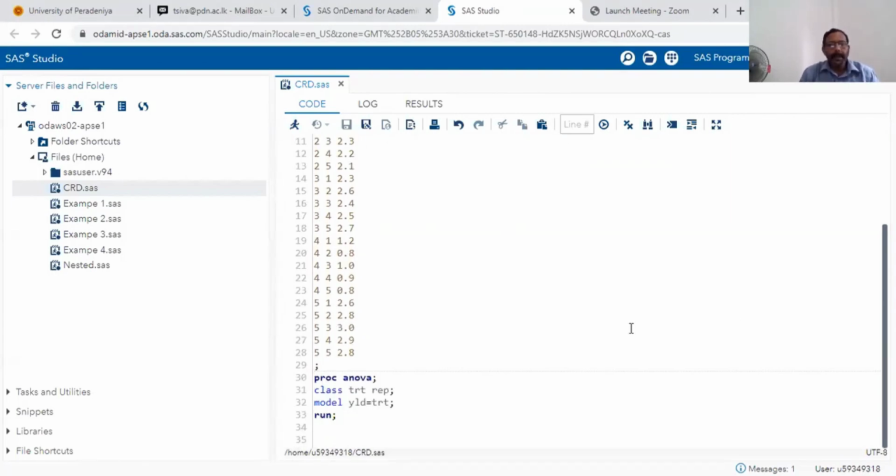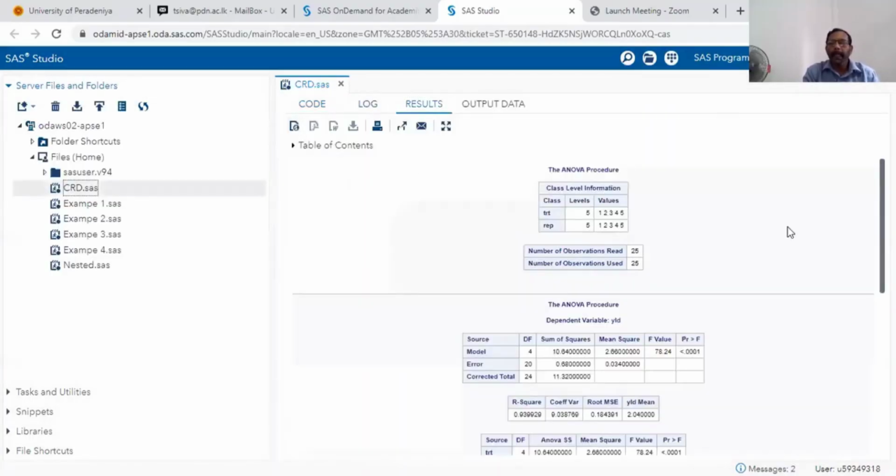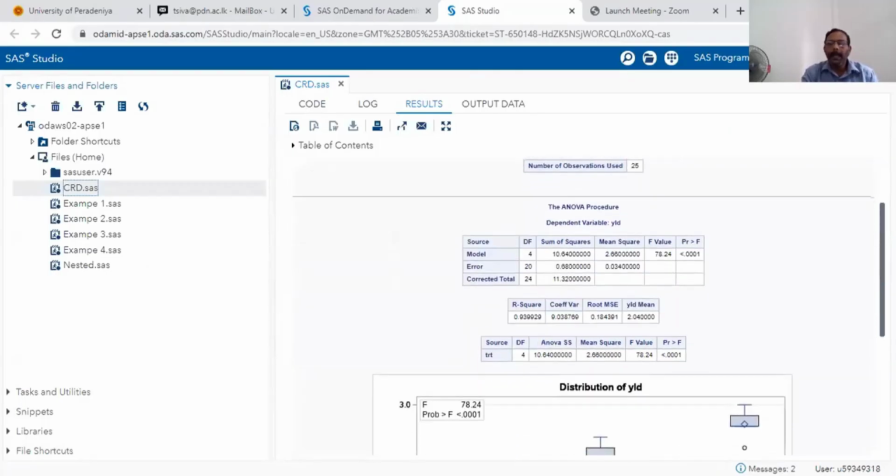Classified variable, treatment, replicate, and so on. Model. Right? Model and run. So we can run and see. So this is our output. Yesterday also we discussed about this output, right?